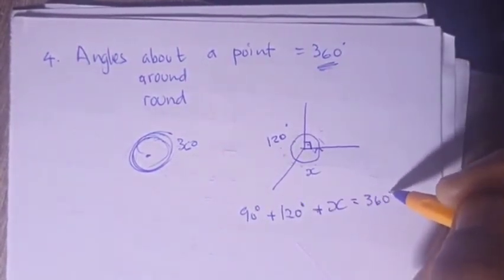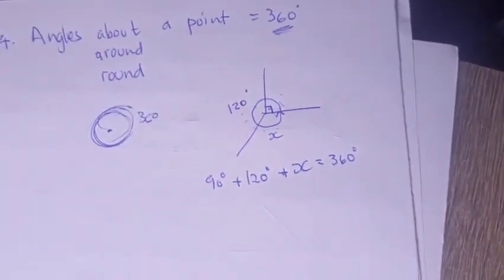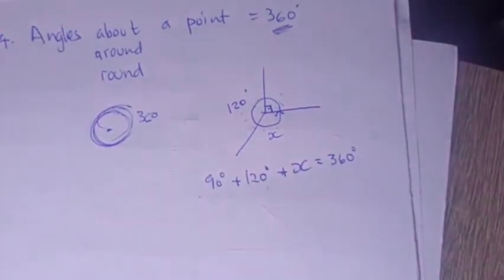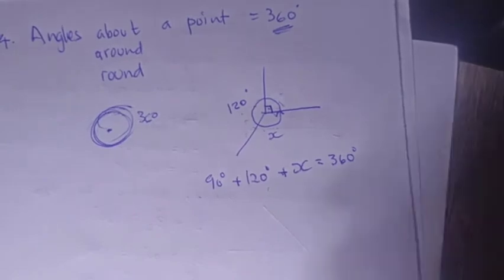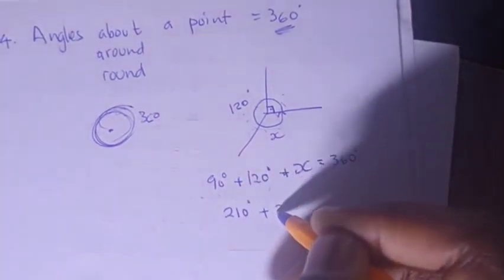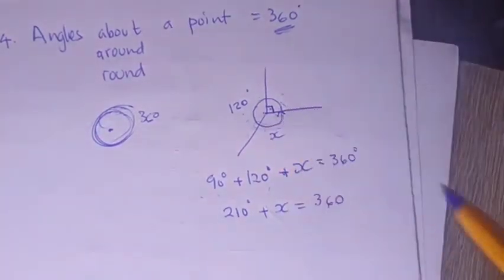I must get how much? 360. So I'm going to add these two angles together. You can do it right there quickly, if you are lazy to use your brain. 90 plus 120 is 210. So 210 plus x equals 360.